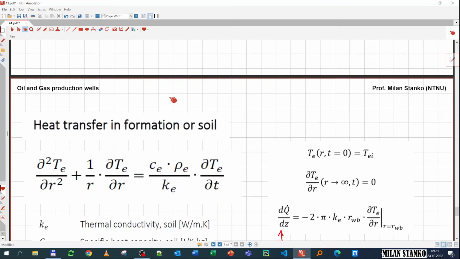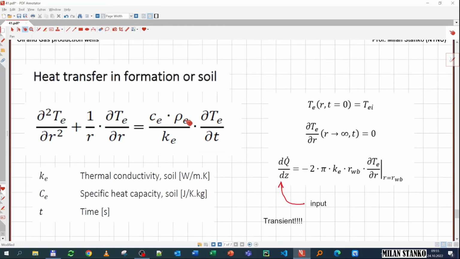Then let's talk about heat transfer in the formation or the soil. There we have a transient process, and we can use this energy equation, applied for the solid and in the radial geometry. So we have the temperature of the soil at different radial positions, and we also have the time change. We have the density of the formation, thermal conductivity of the formation, and the heat capacity of the soil. That equation we typically want to solve with the condition that at initial time, for all positions, the temperature is the initial temperature.